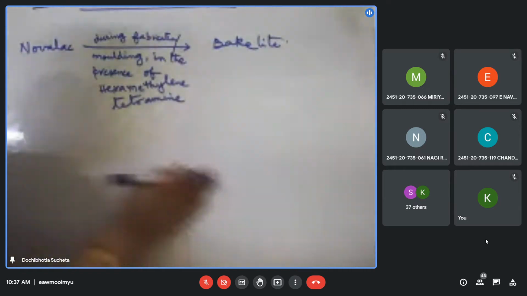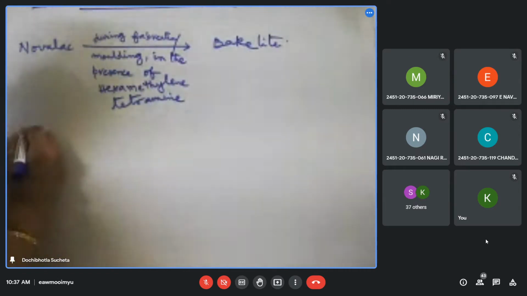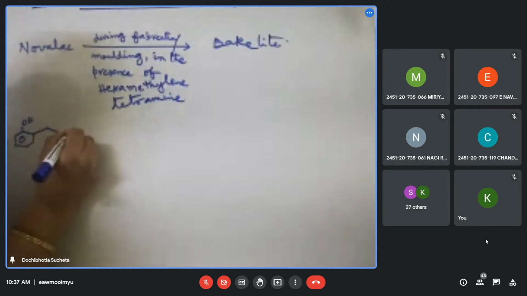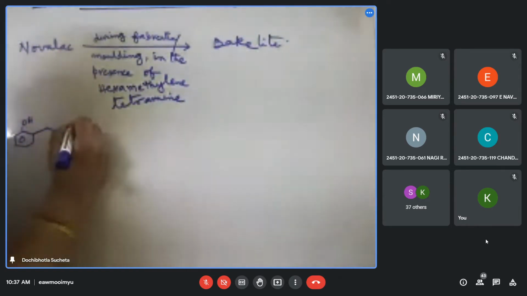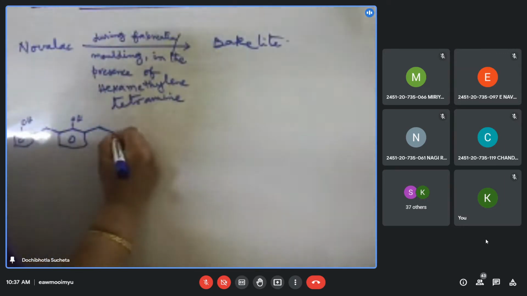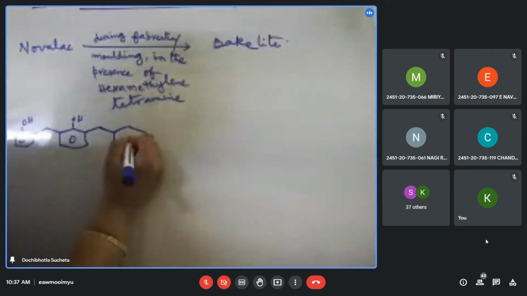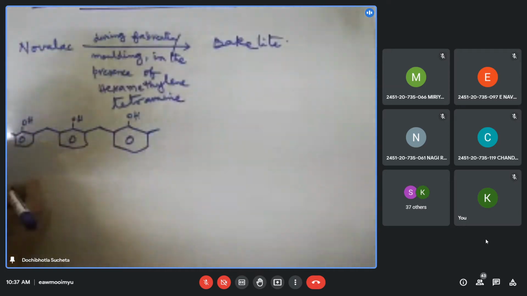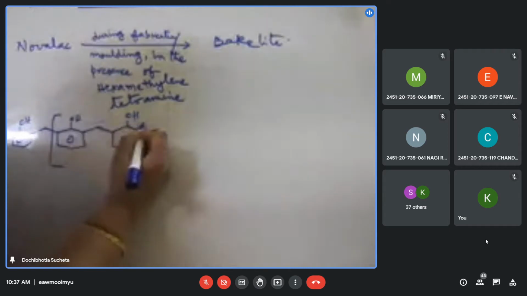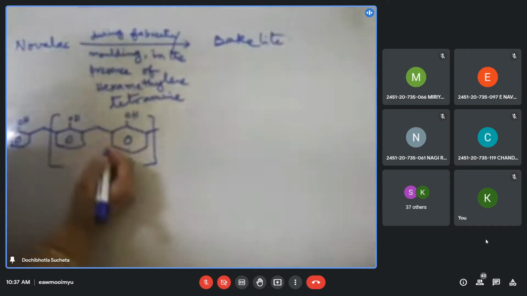What will you write? The structure of Novolac is this. It's a simple linear polymer: OH, CH2, OH, like this. The structure can be otherwise, but you can write it like this for convenience. Now, which group is repeating? The group is OH, CH2, OH, with a methylene between the two OH rings.